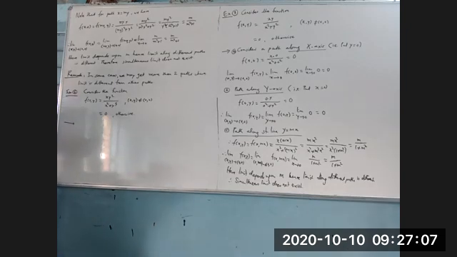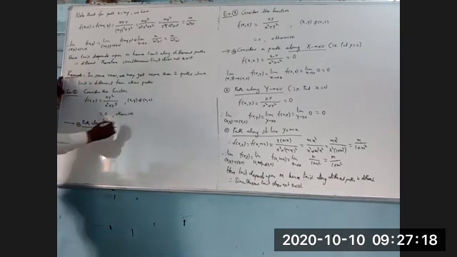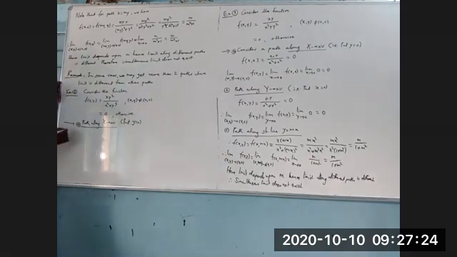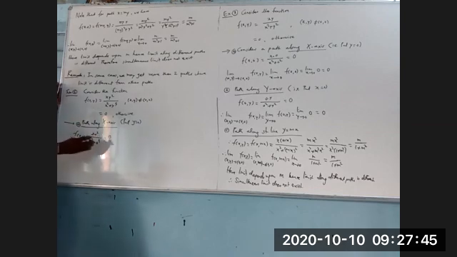Okay. Now, the path along the x-axis. That means you have to put y equal to 0. Therefore, f of (x, 0), this function given (x, 0), is x into 0 square upon x square plus 0 raised to 4, which in this case is 0.